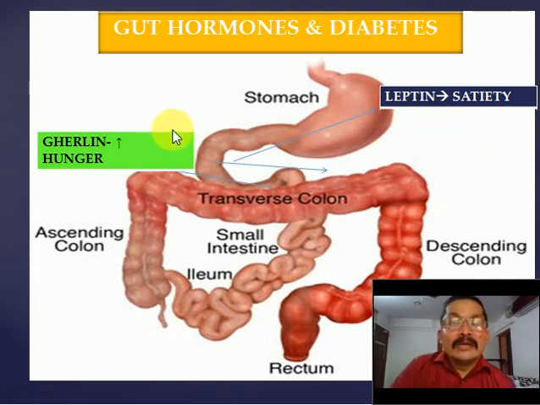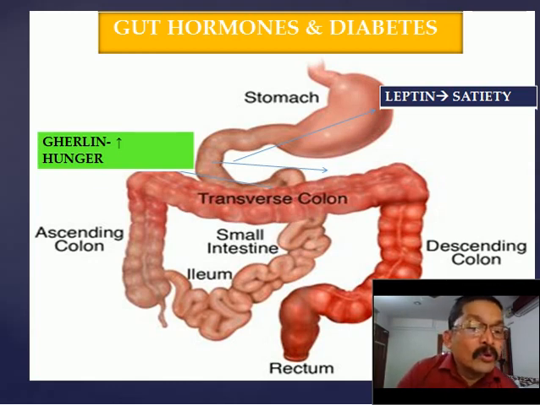So hunger and satiety also play important signal mechanisms to our whole body, to our central nervous system and directly to the pancreas. Let us see how the GIT gives signals to our pancreas to synthesize or not to synthesize the amount of insulin or the hormone glucagon.